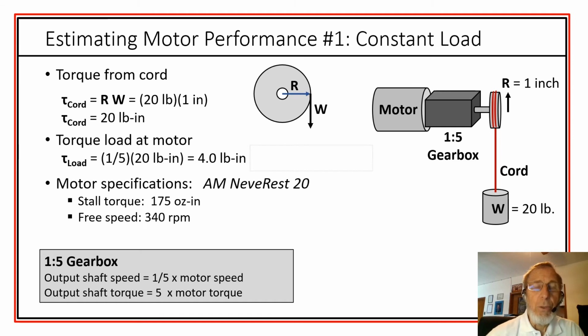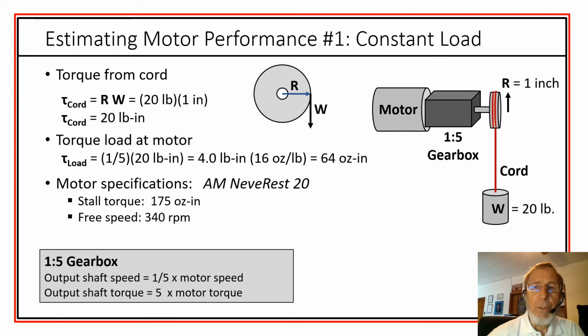Now, as we choose a motor, we have specifications that are usually published with that motor. Stalled torque in this case being 175 ounce-inches, free speed 340 RPM. Notice ounce-inches. So let's go back to the load torque.